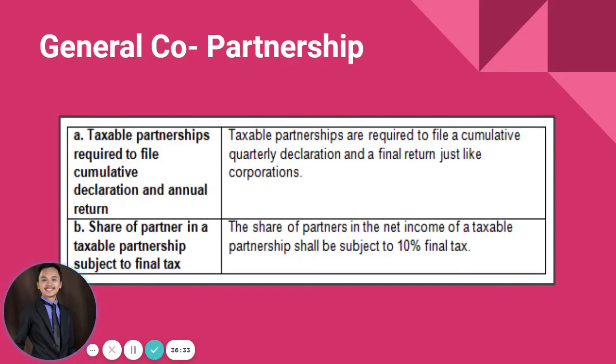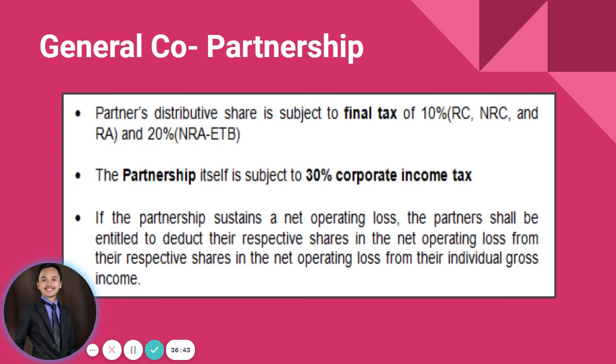So, there will also be a submission and payment of income tax every quarter. Okay? And the share of partners, again, as mentioned earlier, will be subjected to final tax. 10% for RC, NRC, and RA, and then 20% for NRA-ETB. And then, the partnership itself is subject to 30% corporate income tax.